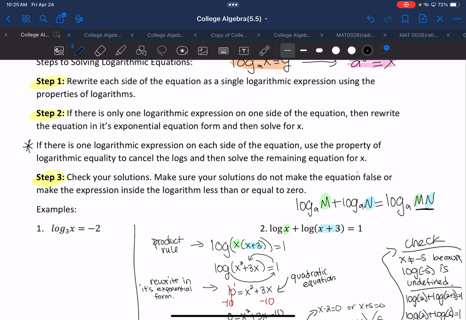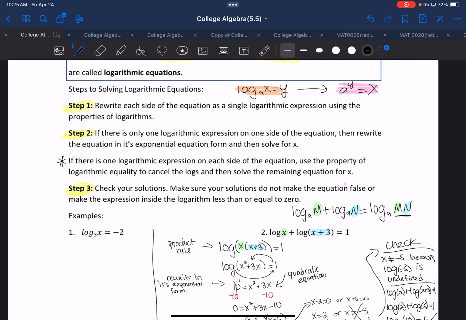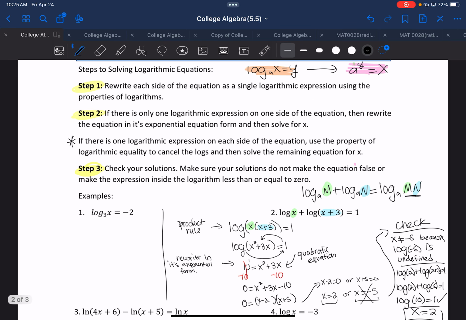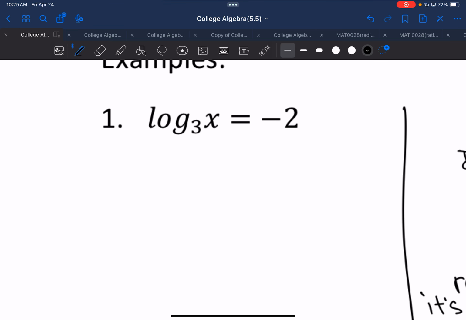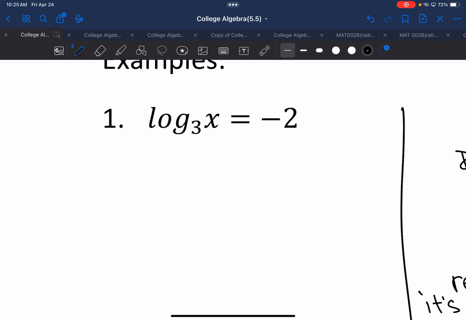So let's just go over number 1 real quick. So number 1 already has the log expression by itself. So I can just go straight to transforming this into its exponential form. So that will be my step 1.